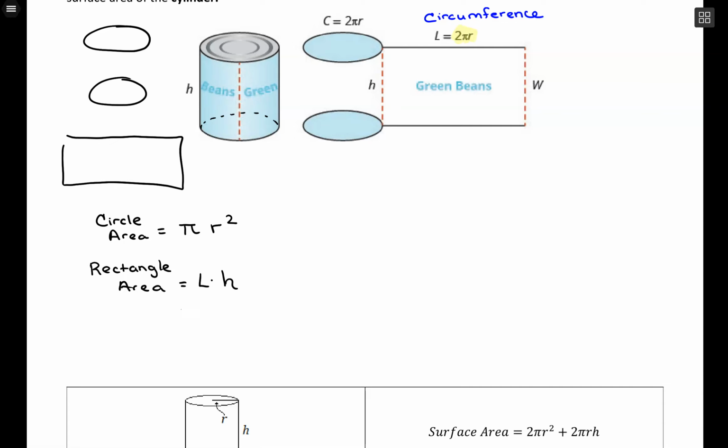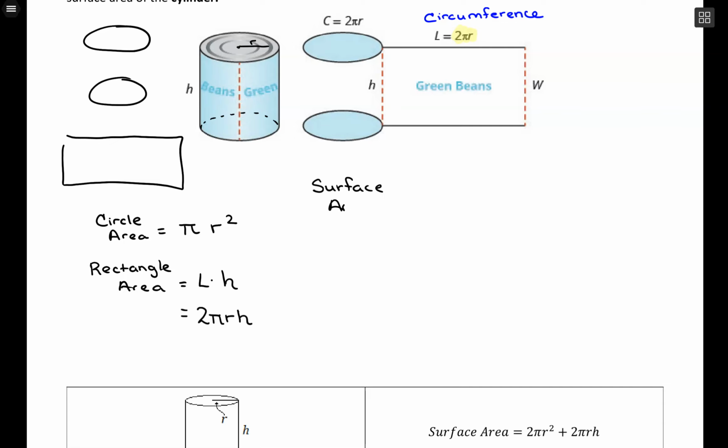So I'm going to rewrite this calculation for rectangle area where I have L. Instead of just L for length, I'm going to replace that with 2 pi r. And then to make it an area of a rectangle, we would just multiply that by h. So now we have information all in terms of being given some radius, and they might give us diameter, and we'll talk about how to change that. But we'll have information about the radius and the height, and with those two pieces of information, we can find this total surface area.